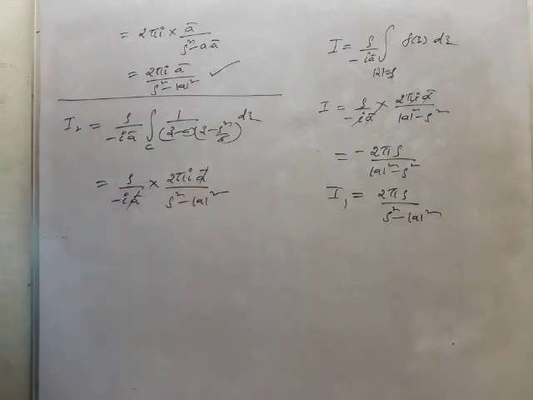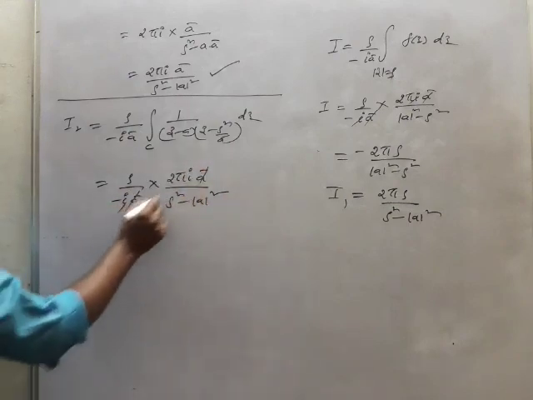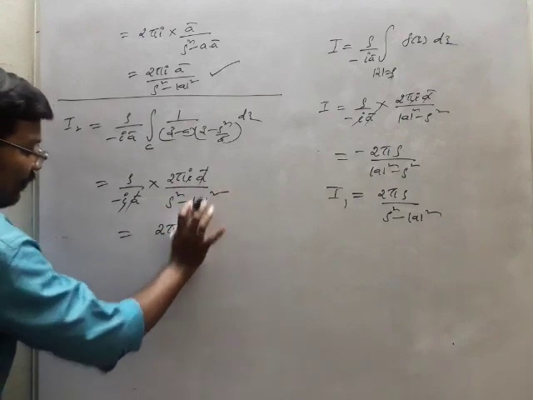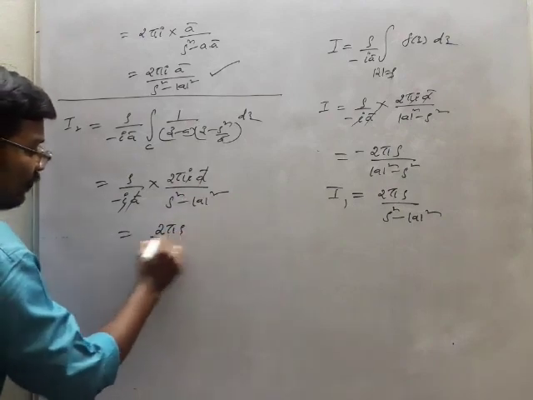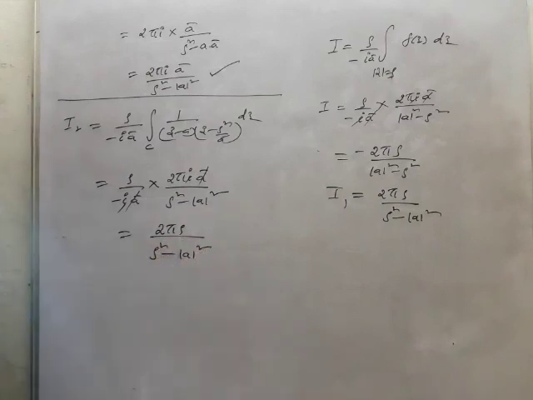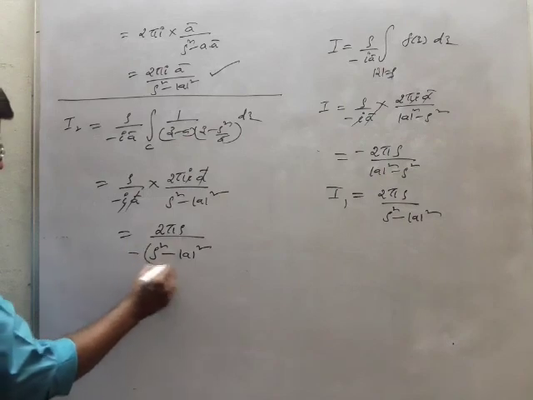A bar gets cancelled, and you get 2 pi rho by rho square minus mod a square. Here you got minus.